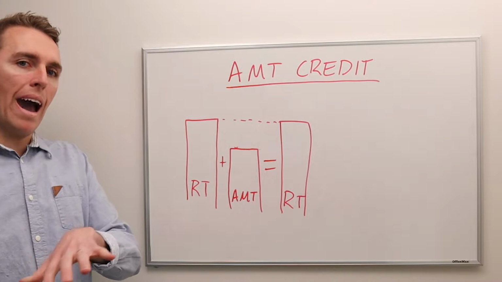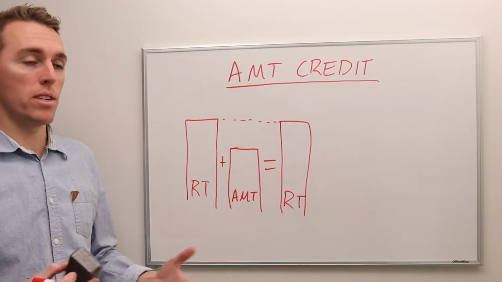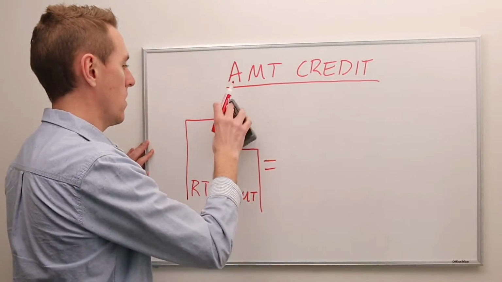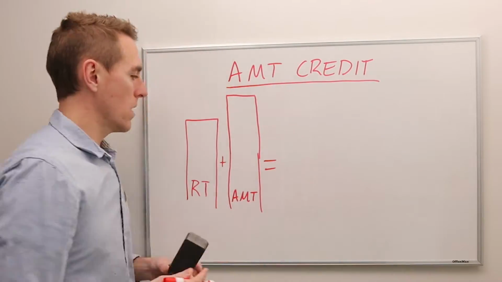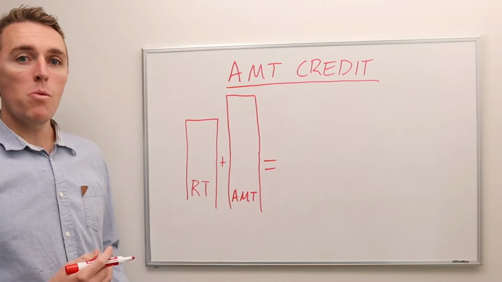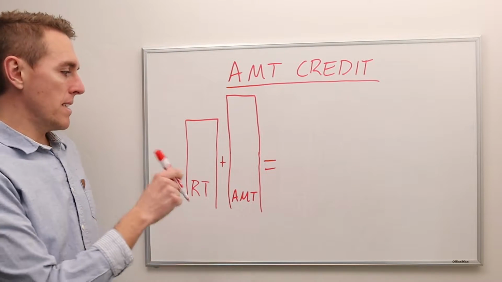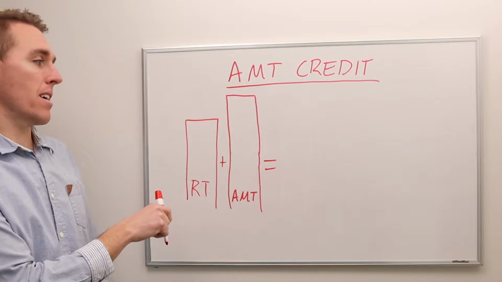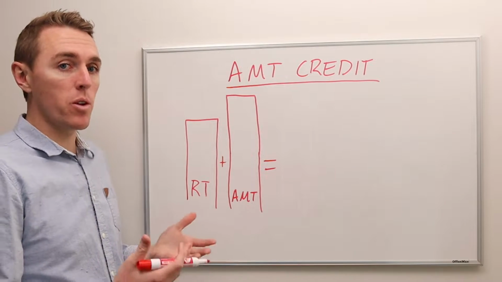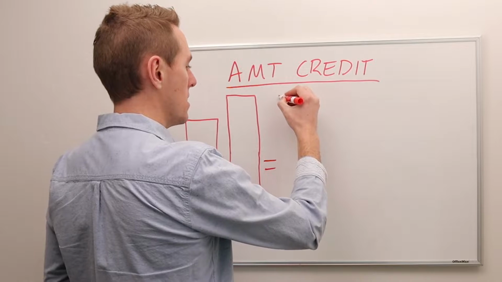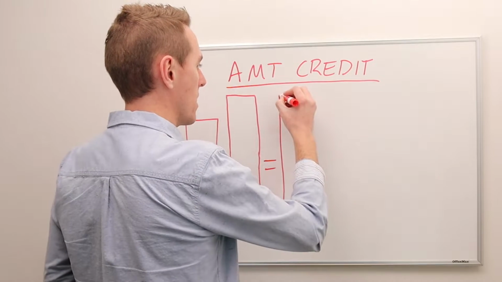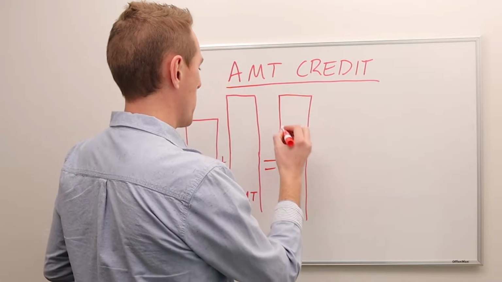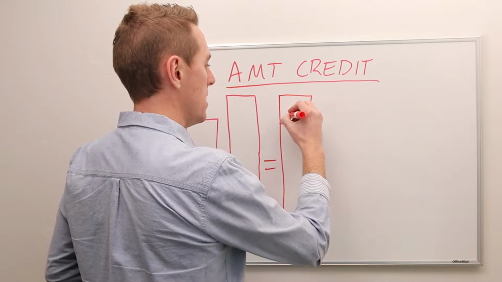But let me show you how AMT looks when you actually do pay it. So you'll notice in this example that the alternative minimum tax calculation is higher than the regular tax calculation. So when it comes time for you to actually pay taxes, this is what your tax bill is going to look like. You're going to have a portion of AMT.